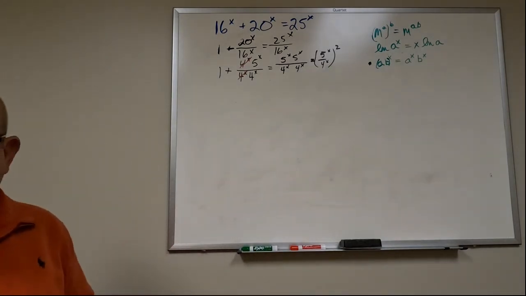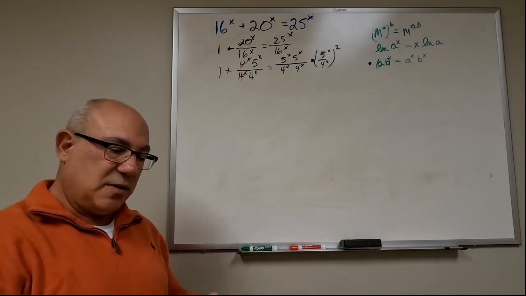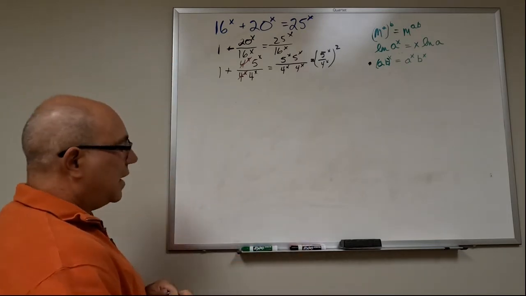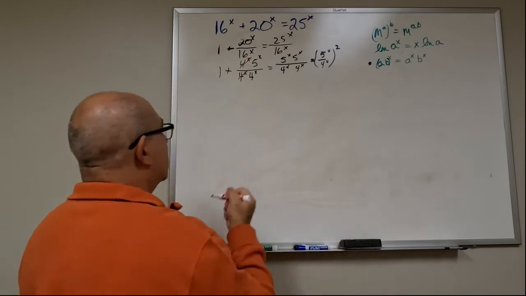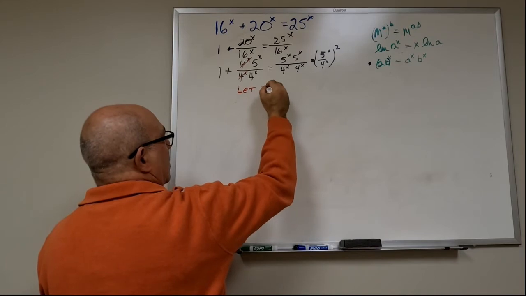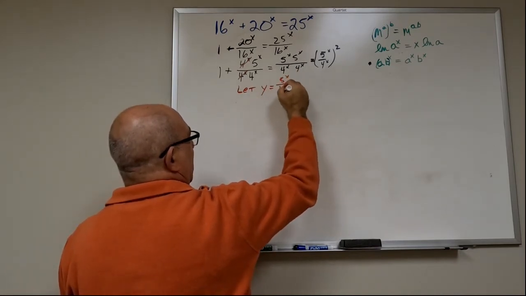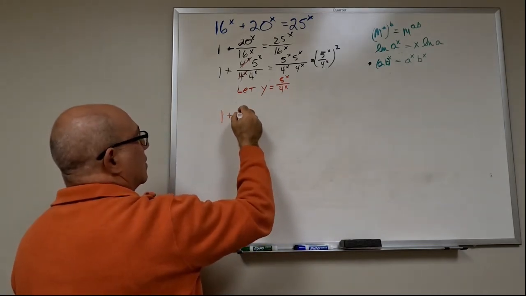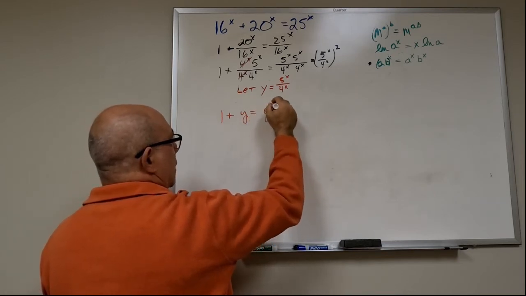Right. So now we can do something called substitution. This is the step that brings this into a simpler form that we can solve. If we let y equal 5 to the x over 4 to the x, then we have 1 plus y equals y squared.